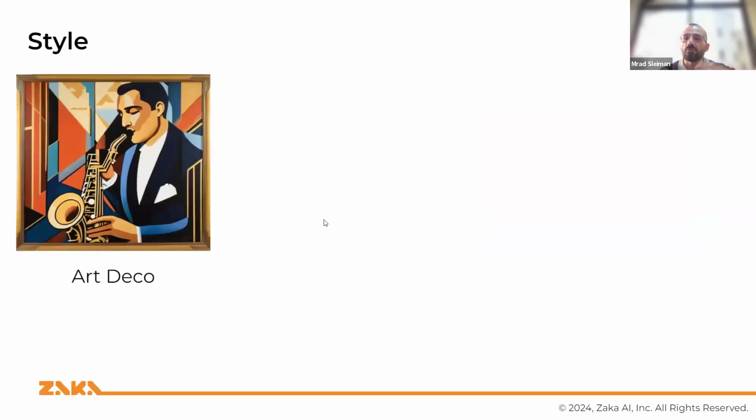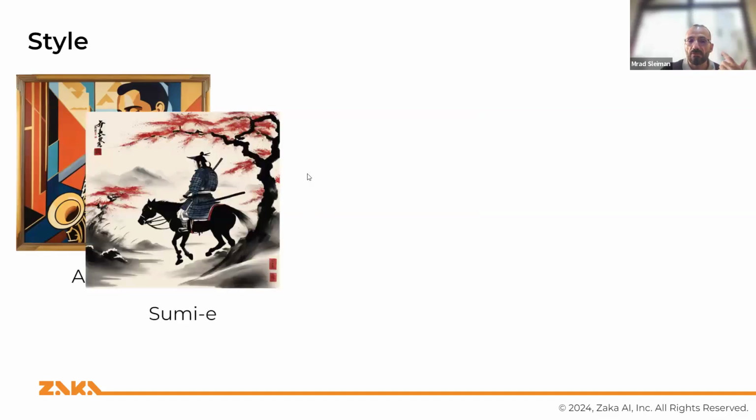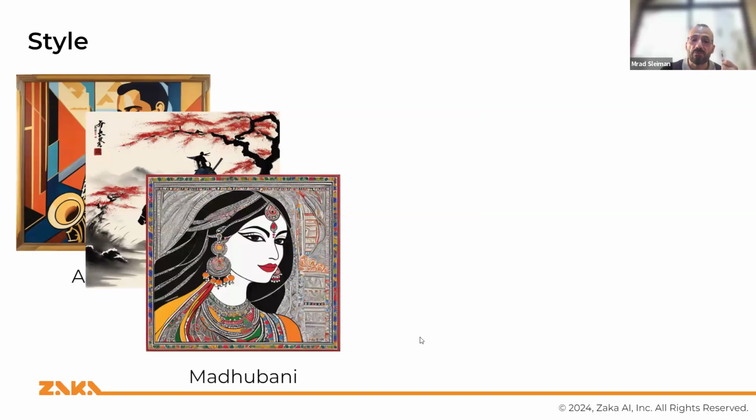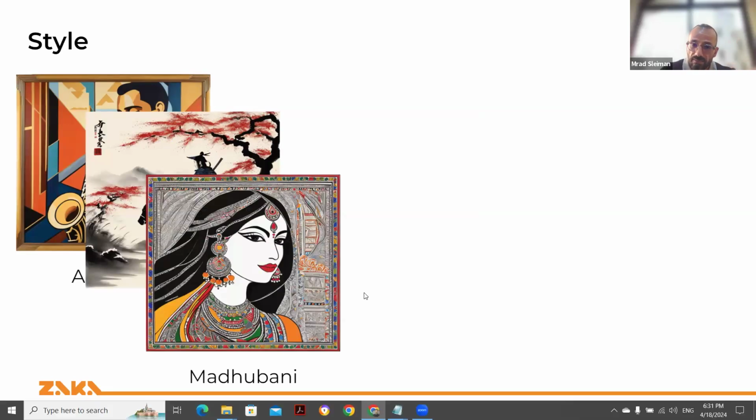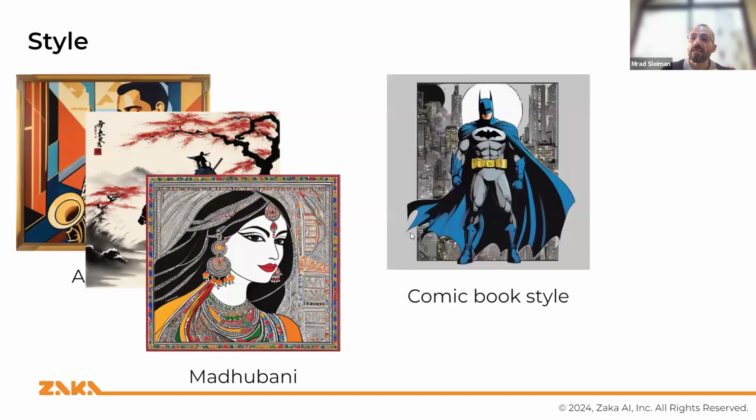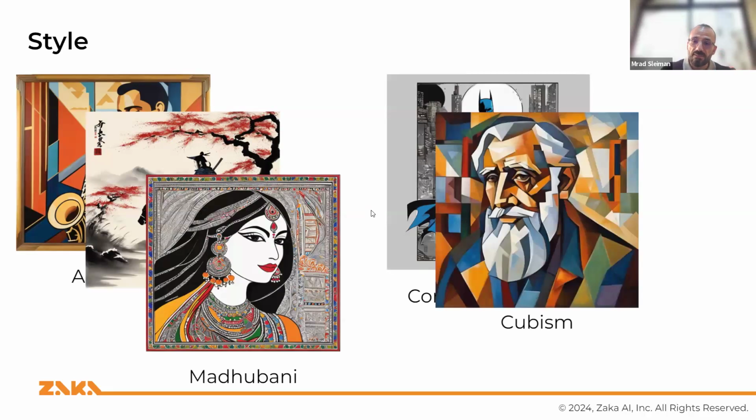Style: there are a lot of styles. Maybe art deco like this one, maybe samurai, maybe Madhubani style. We can talk about comic book style, cubism style. For each style, you have different sorts of images generated.